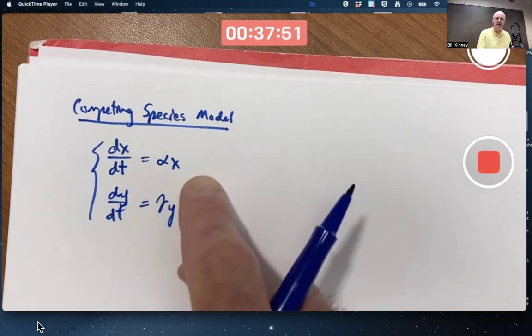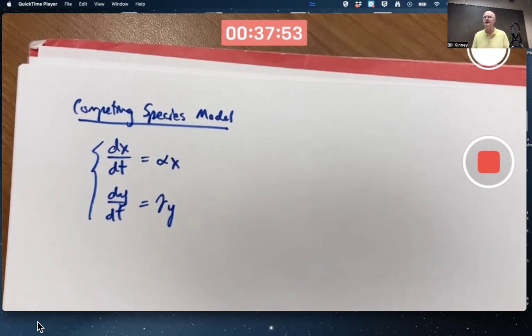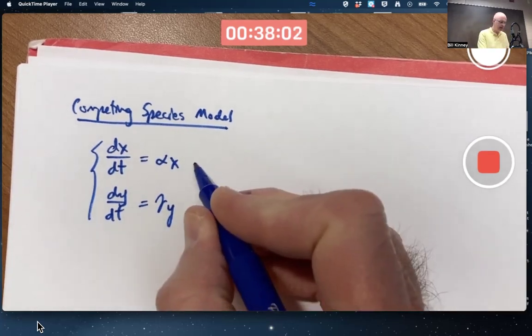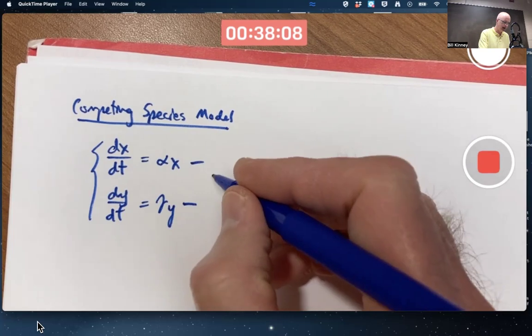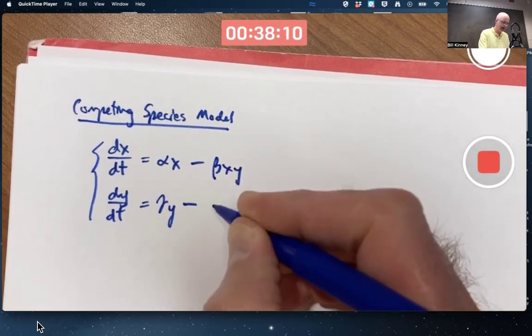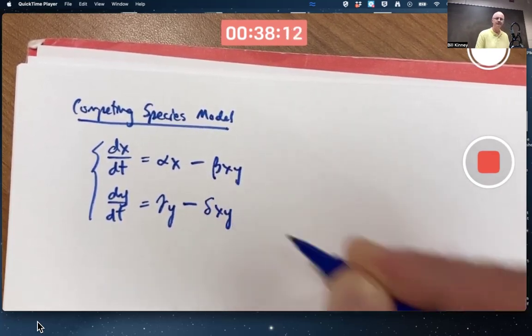Another way to think of this is you even have exponential growth, at least approximately, as long as the populations are small. But they are competing, and the competition can be accounted for with minus signs in both interaction terms: a minus beta xy here and a minus delta xy here.